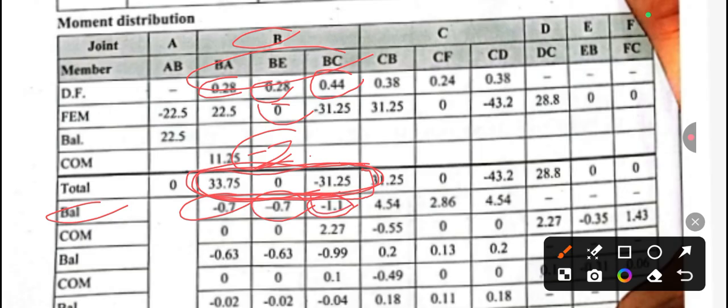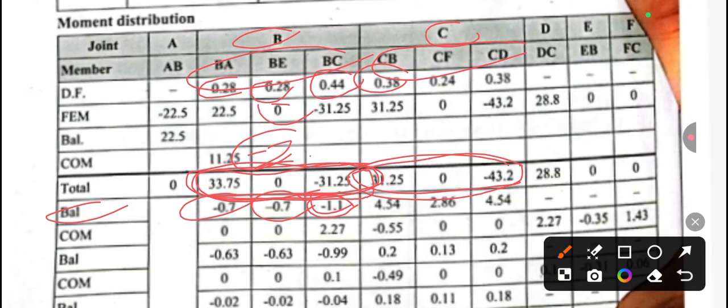Similarly, for joint C we have three different members, so we have to add these three values. I repeat, we add these three member values and change the sign. If it is minus, we change it to plus, and if plus, we change it to minus, and then the result should be multiplied by the respective distribution factor.